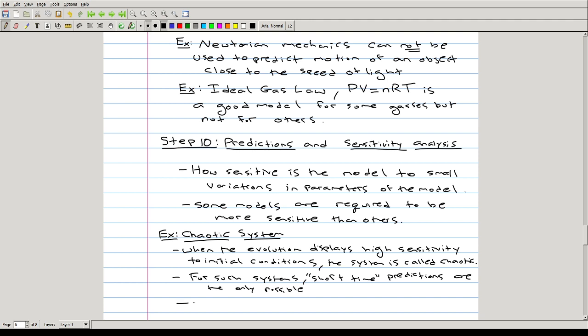And this is a good example of why weather forecasts are accurate only for a few days.